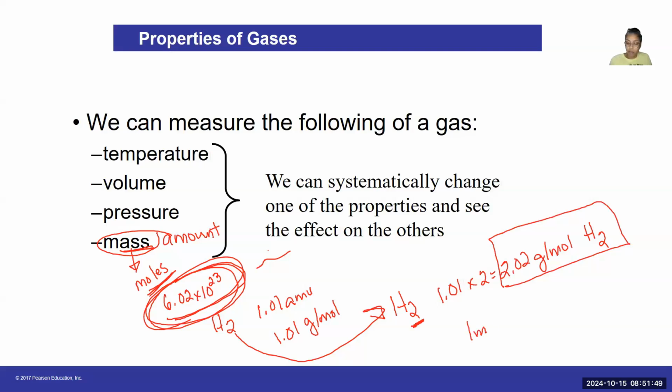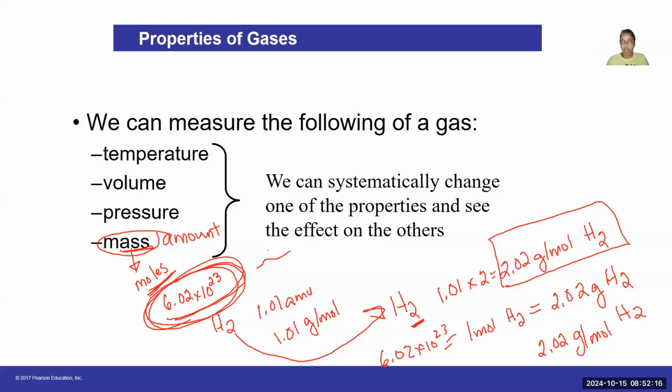So 1 mole of hydrogen gas is equal to 2.02 grams of hydrogen gas, which corresponds to that 6.02 times 10 to the 23 particles.